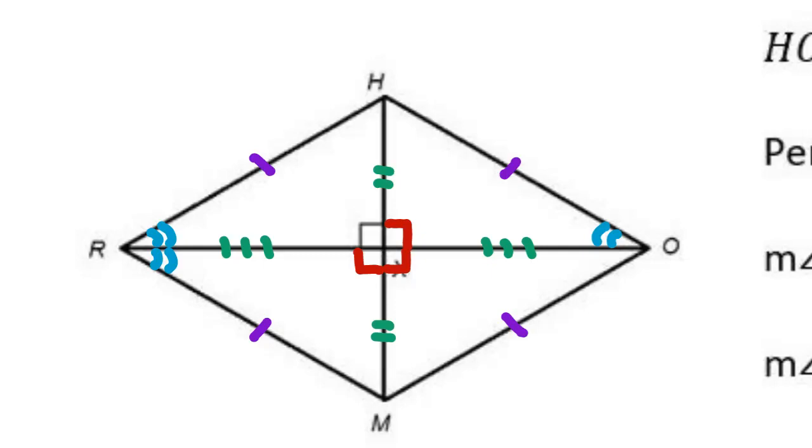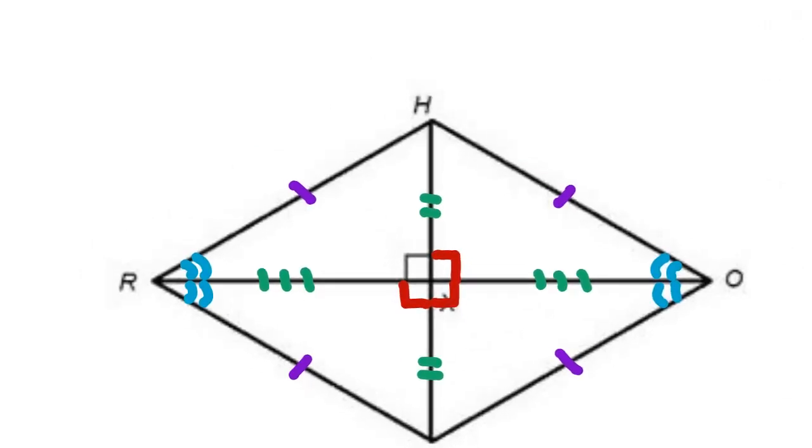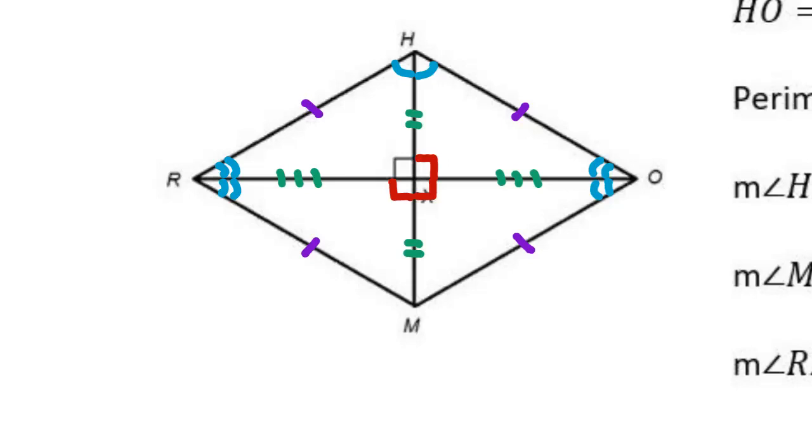HOX is congruent to those two, as well as MOX. RHX is congruent to OHX, is congruent to RMX, is congruent to OMX. All right, we have all of our congruences marked and we have our right angles marked.